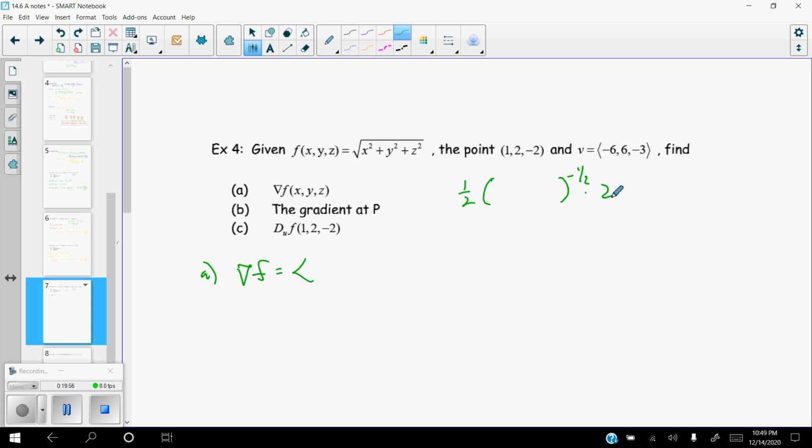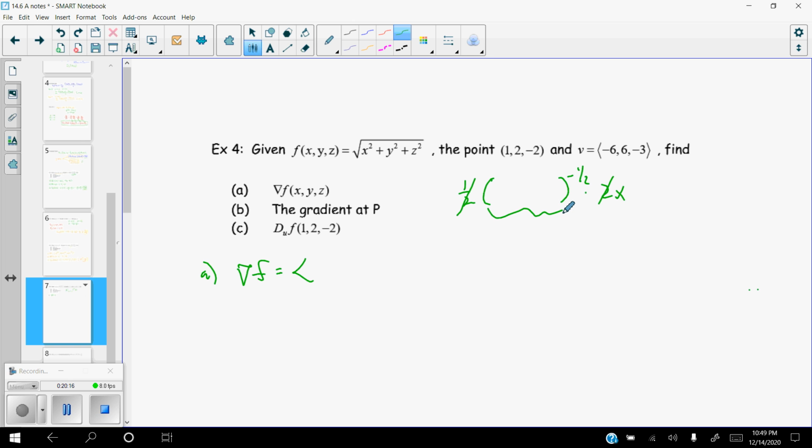If I do this with respect to x, it'll be 2x because the other pieces were constant. These 2's are going to cancel out, which means you're going to have whatever variable you're taking this with respect to on top, and the whole square root on the bottom.